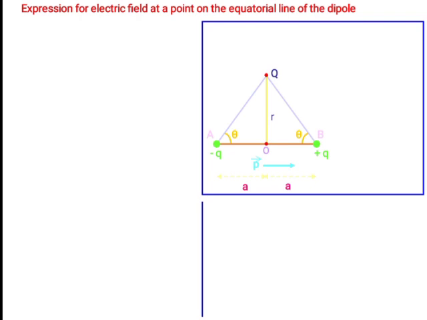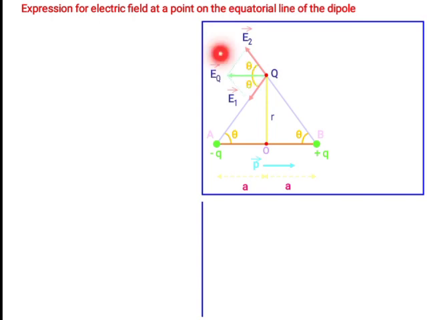Suppose we join AQ and BQ, so it is just like a triangle. The angles at the corners are denoted by theta. E1 is the electric field between this positive charge Q and the negative charge, directed from Q to A. The direction of electric field E1 is from Q to A. And the electric field E2 due to B is along BQ, away from Q, because of the repulsive force and the electric field line property.